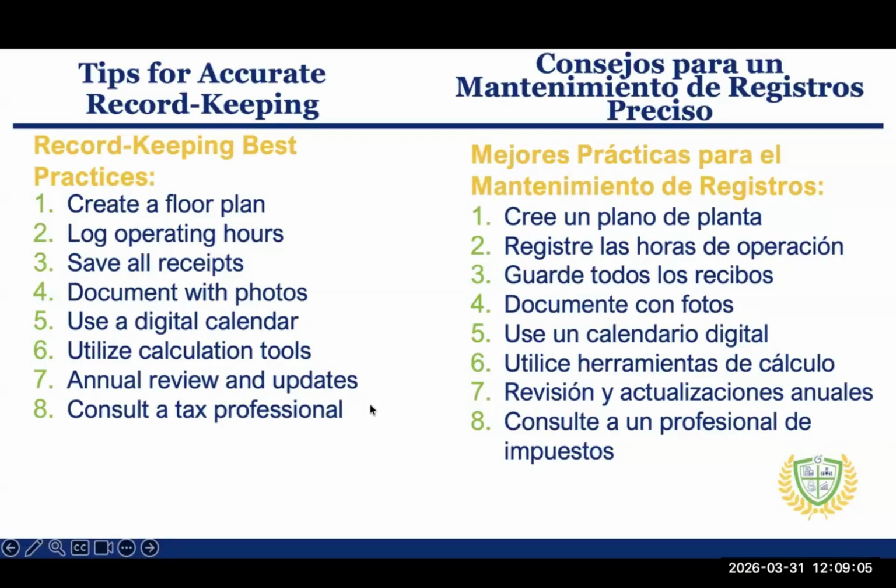Then save all receipts related to home expenses. Even if they are not solely for business use, you will want to save those. Because if we will be including our water bill or electricity bill or property taxes, as with any other business expense, we will want to have proper documentation, proof of expenses.